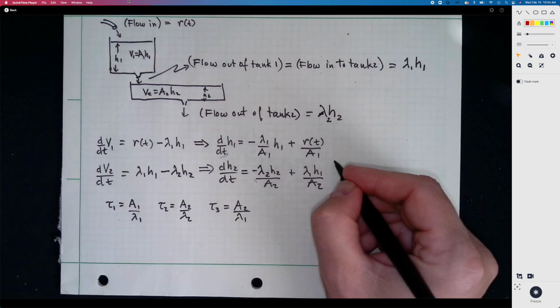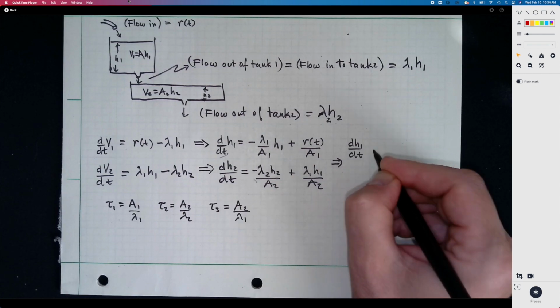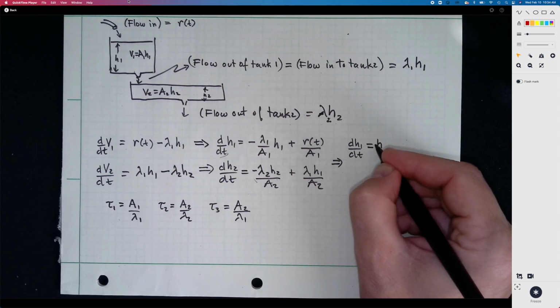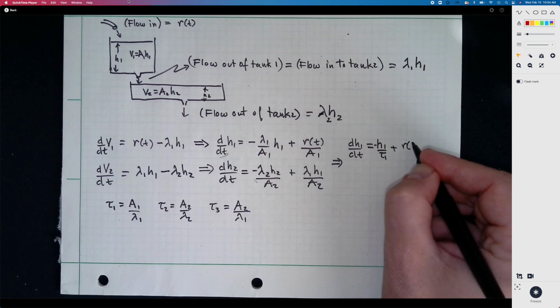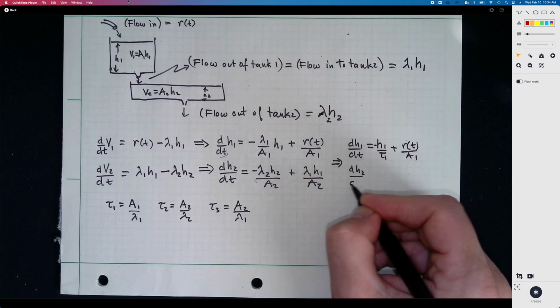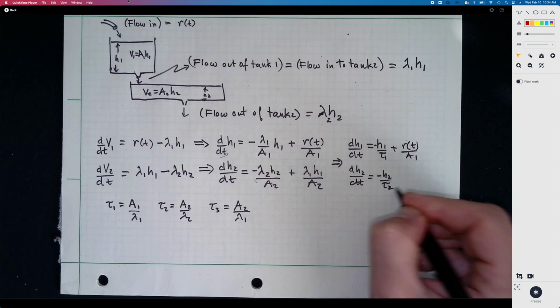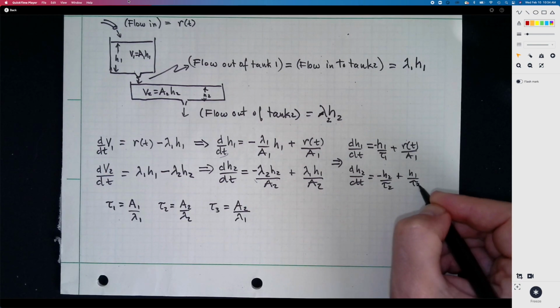And so then the equations become dH1 dt is equal to minus h1 over tau 1 plus r divided by A1. And then dH2 dt is equal to minus h2 over tau 2 plus h1 over tau 3.